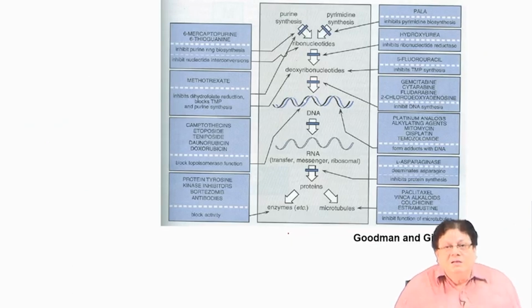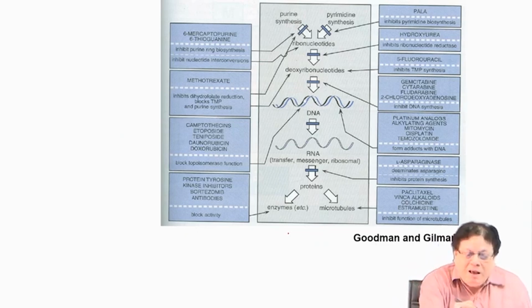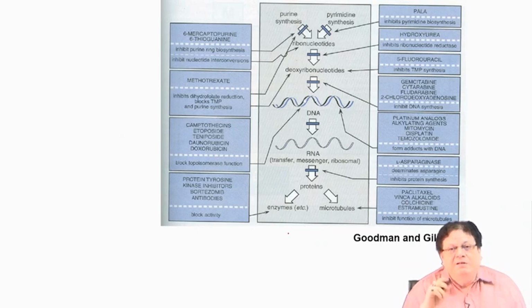Now, let us come to the actual drugs that we have, and what they target. Okay. Now, as I said, the S phase means the synthesis part. Before the mitotic stage, what happens?